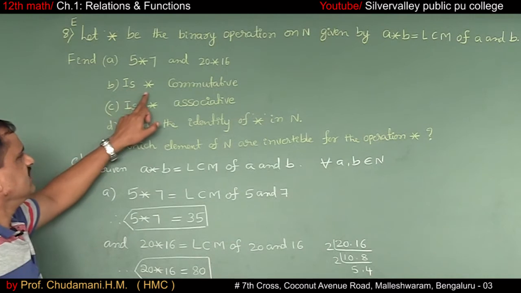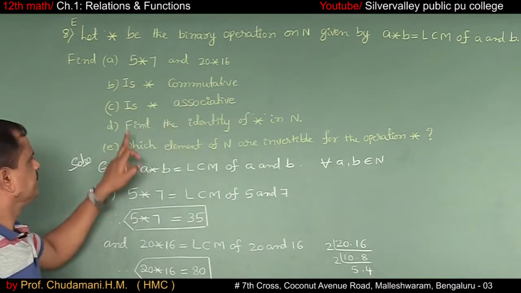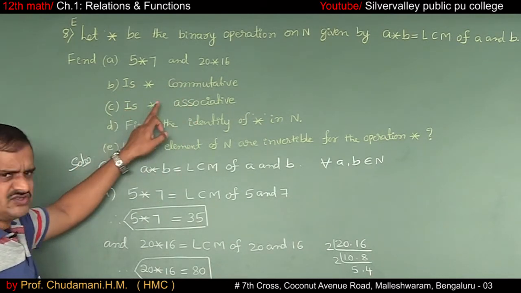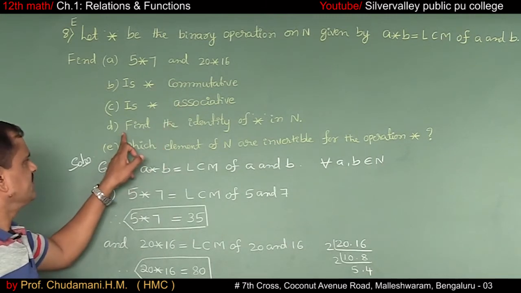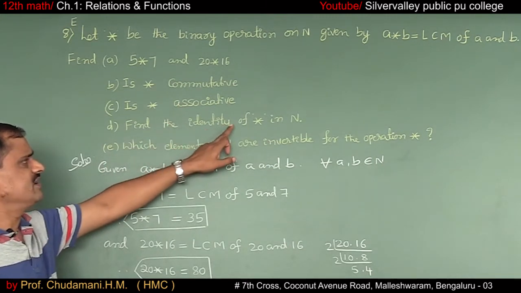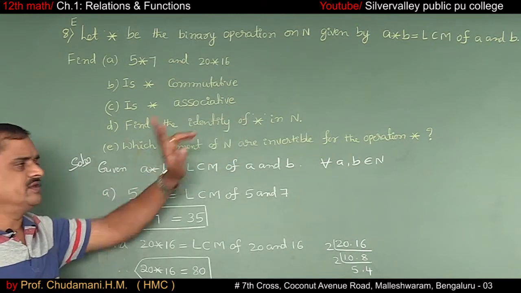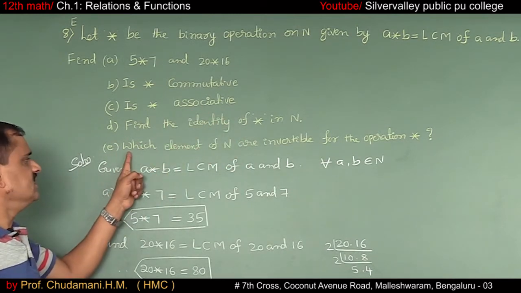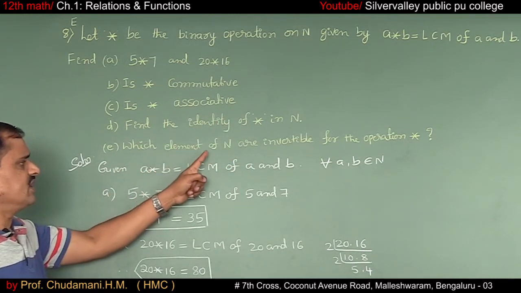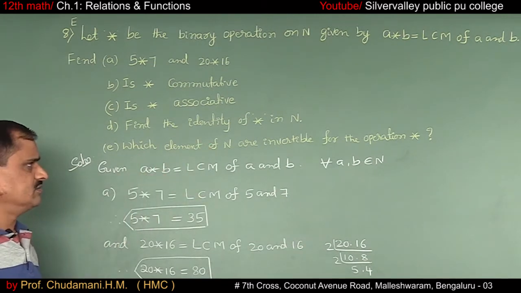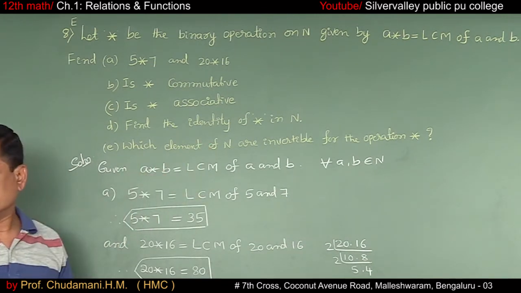B, is star commutative? C, is star associative? D, find the identity of star in N, the natural numbers. E, which elements of N are invertible for the operation star?